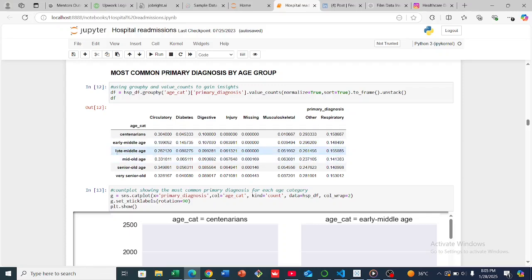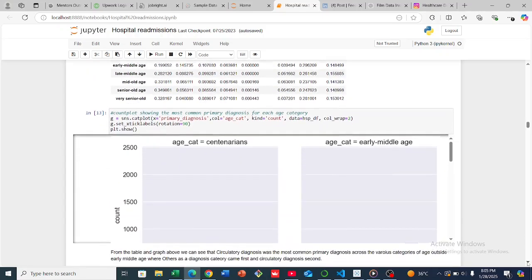We can also look at that of late middle age. The most common we have here is circulatory too, which was about 28%. So you can just go through the table and look at the percentage of disease for each category of age. With that you'll be able to get the most common occurring for that particular age group.